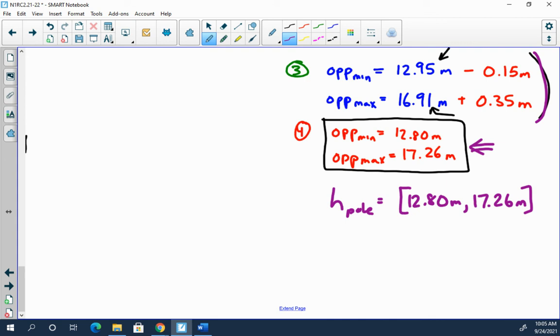So if the actual height of the pole falls in here, you're good. However, notice the range. That's a pretty big range, which should concern you that your technique is not particularly accurate, which means if you really needed this to measure something and rely on it, well, I wouldn't have that much faith in your result because look at the range.